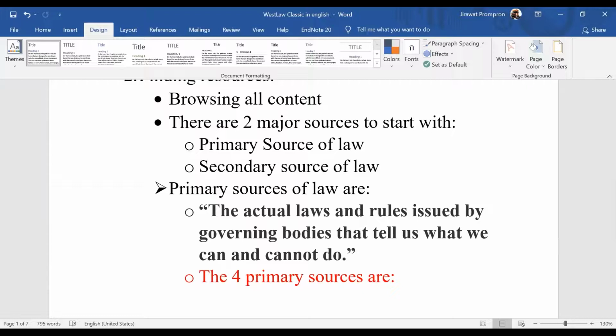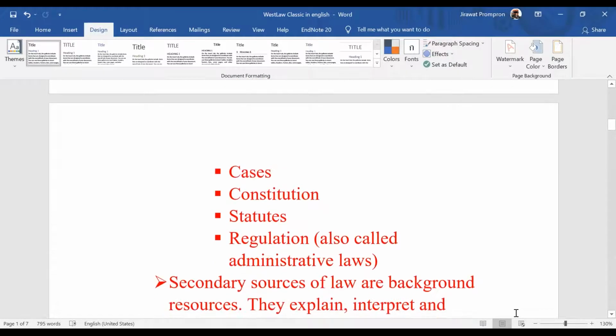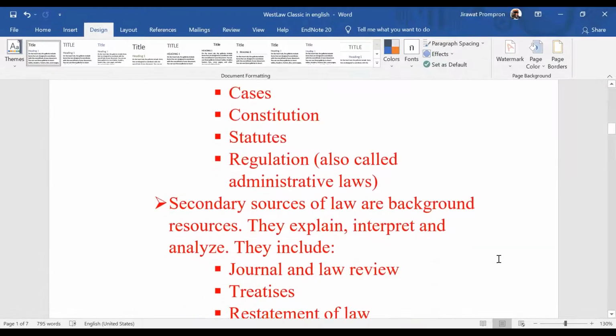This is the actual law. The primary sources are cases, constitution, statutes, regulation, maybe they call it administrative law. This is the primary sources.